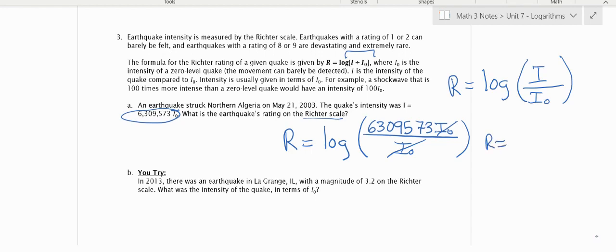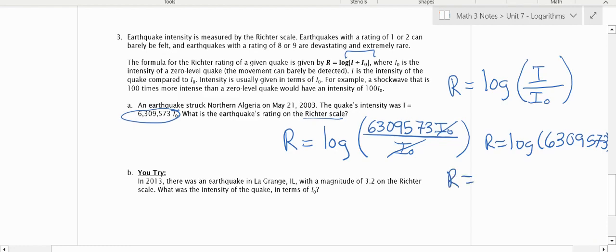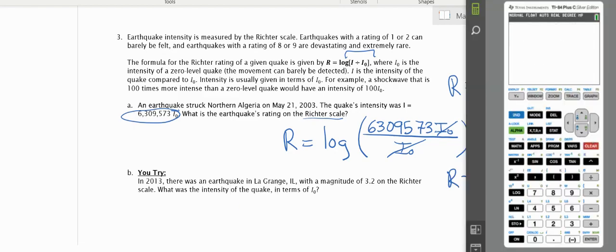So I'm really just doing the log of this value, 6,309,573. When I put that into my calculator, again, nothing really too different. You're just using your log key.